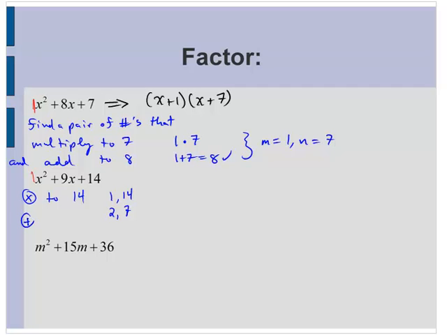They also need to add to 9. Does one of those pairs also add to 9? Well, the pair that adds to 9 is 2 and 7. So therefore we'll call the m 2 and the n 7, and the factored form would be x plus 2 times x plus 7. Why don't you try the third example on this page on your own?